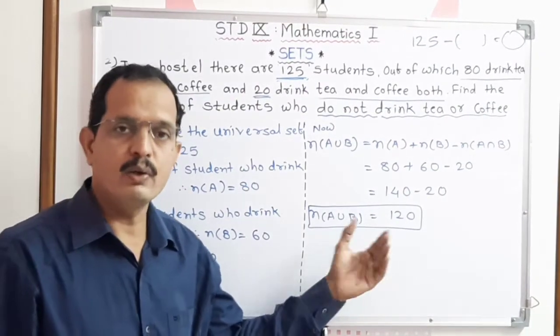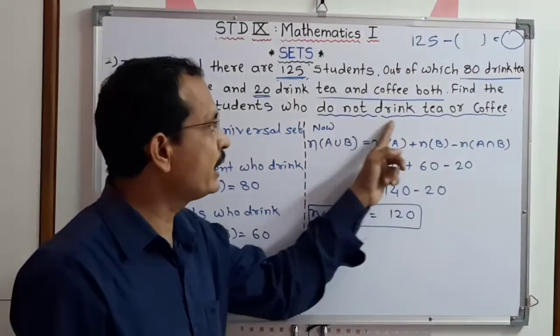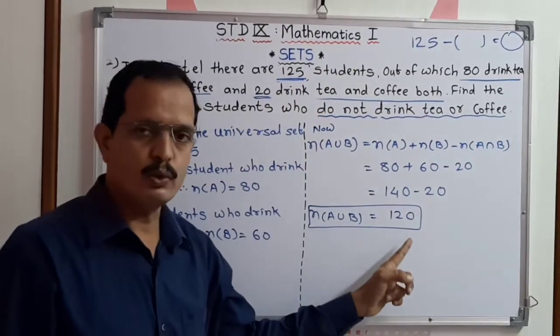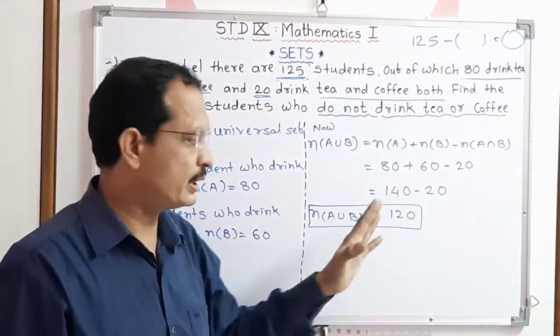Now we have to find out the number of students who do not drink tea or coffee. Therefore from this 125 we have to subtract this 120, and we will get the answer.